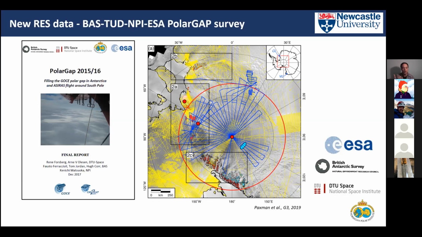It was done for a reason which was not necessarily primarily glaciological, because it was designed to fill in the gap in the geoid around the polar regions, as you can see from the orientation of the flight lines spreading out from the South Pole.